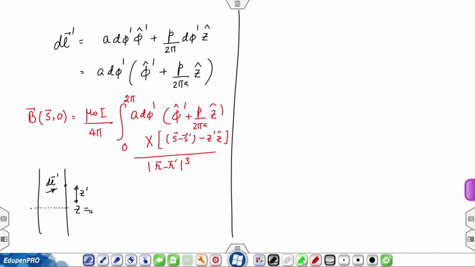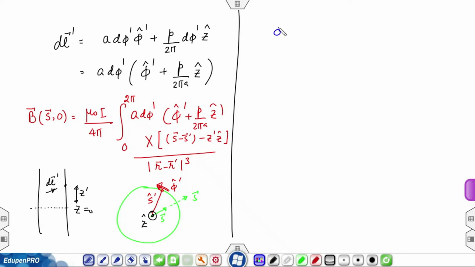And if I look at it from the top, I am calculating the field at some point s, it could be outside or inside, and my d l is somewhere here. This direction is s prime, and the direction shown by red is phi prime, and z is coming up. So, now that I have given you a geometric picture, we can calculate the cross product easily.